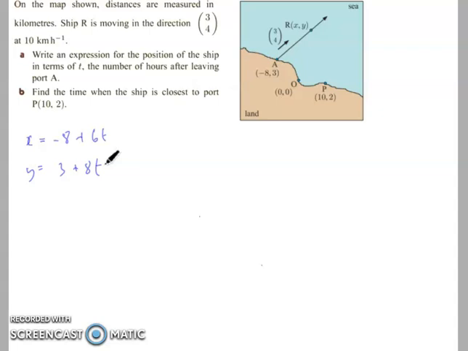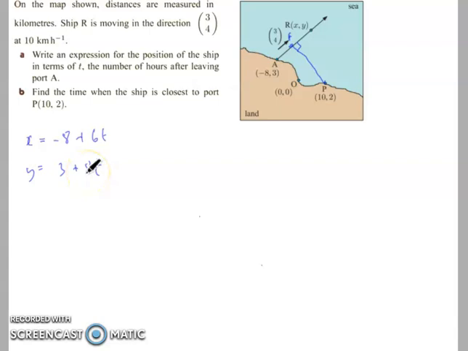Now part B, the time when the ship is closest to port 10, 2. So I now want to work out the foot of the perpendicular from this point. Once again, this point, we'll call it F, will be expressed in terms of our parametric equation here.